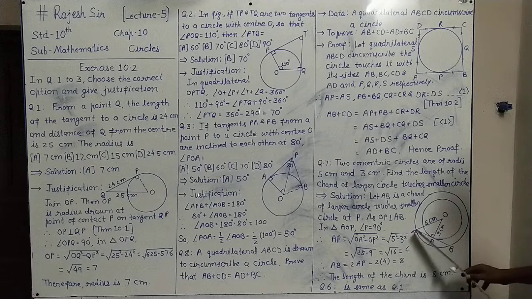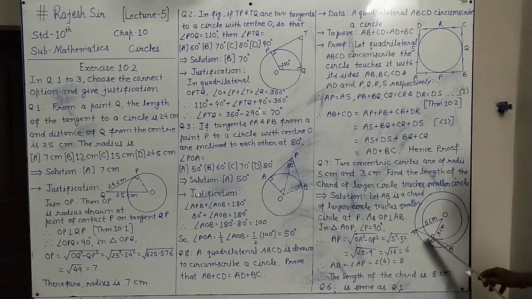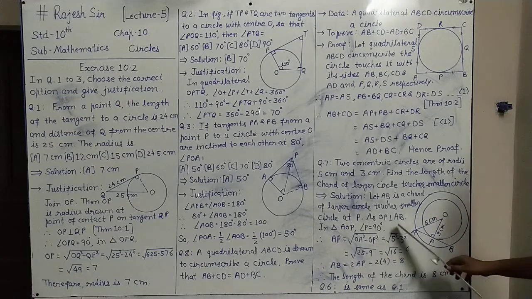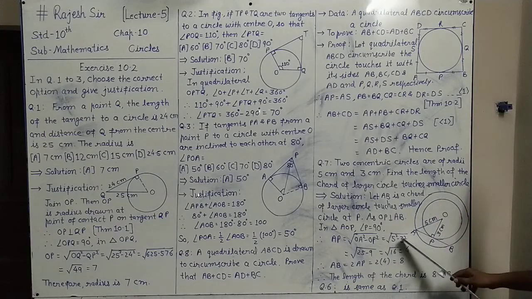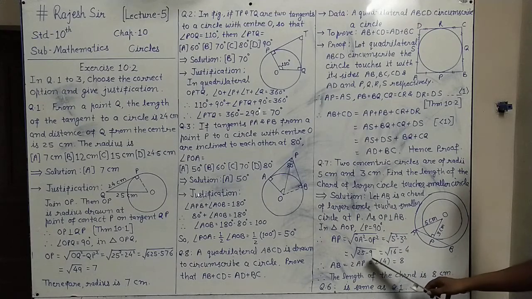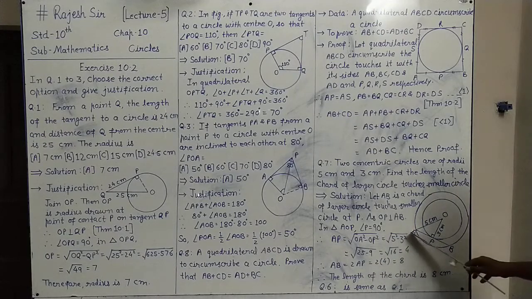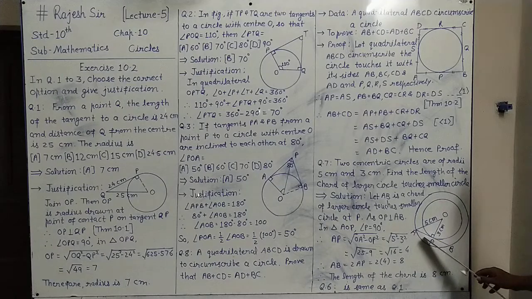By Pythagoras theorem, AP will be the root of hypotenuse square minus other side square, so root of OA square minus OP square. So root of 5 square minus 3 square, 25 minus 9 is 16. Root 16 equals 4. So AP equals 4.